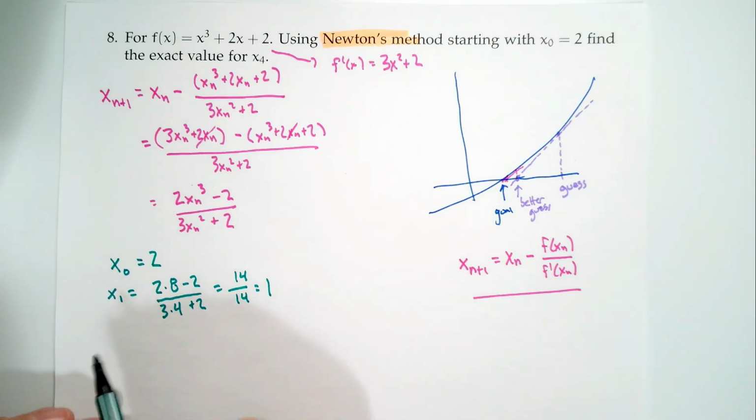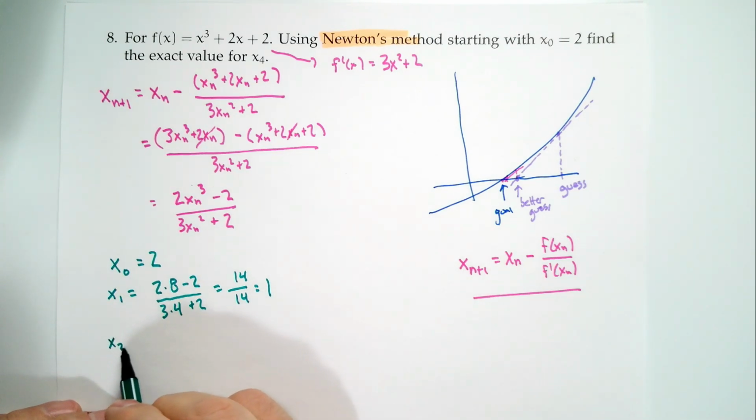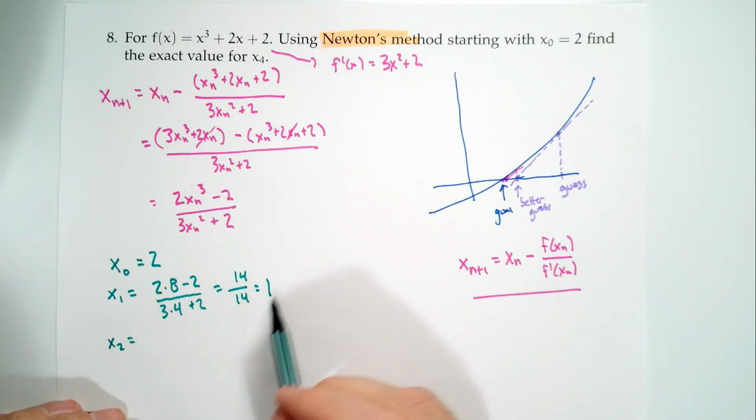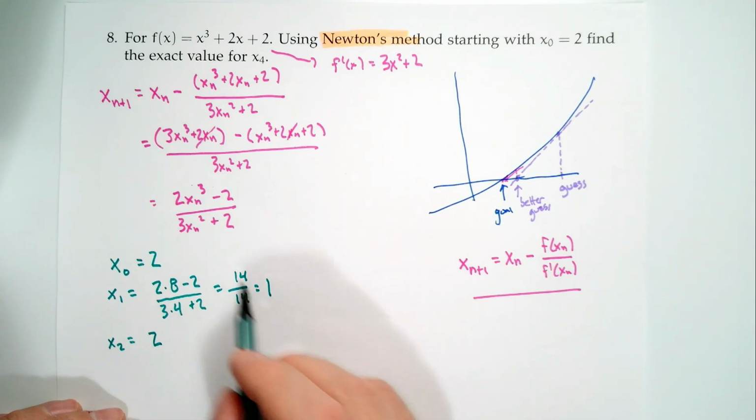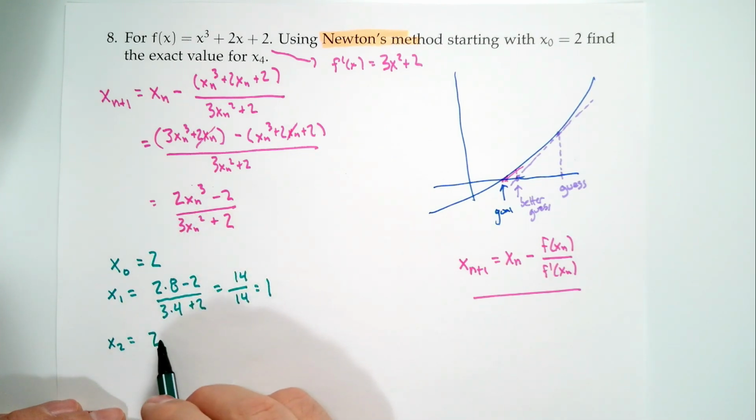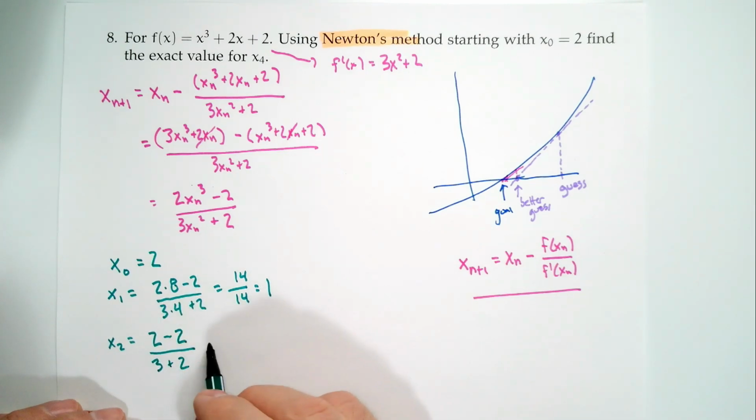So all right, what about x2? Take the answer for x1. That's going to be 2 times 1 cubed, which is 1, minus 2, divided by 3 plus 2. Well, the numerator is 0. Hard to recover from that. 0.